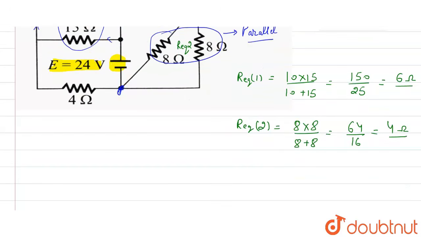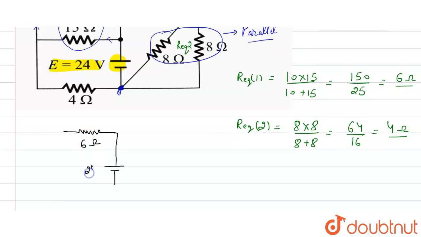So now let's redraw this circuit. After redrawing, the 24 volt will be the same, and we have seen that these two are connected in parallel, so we get an equivalent resistance with a value of 6 ohm.